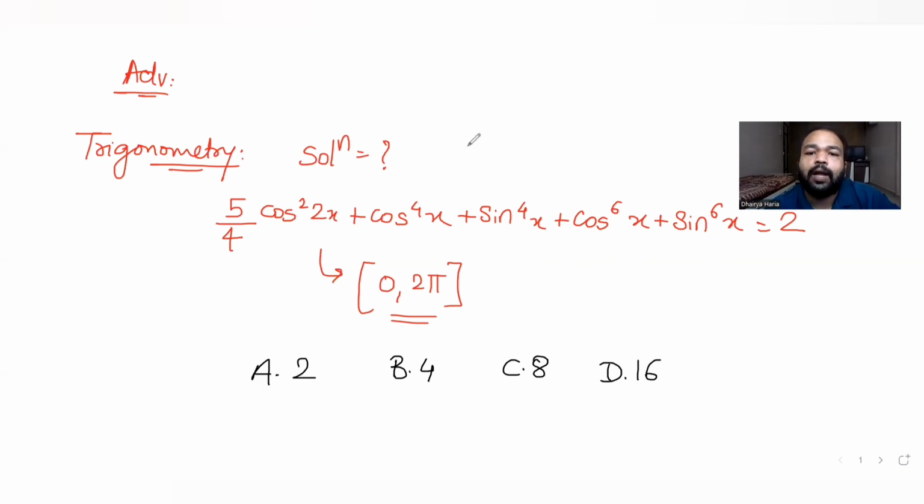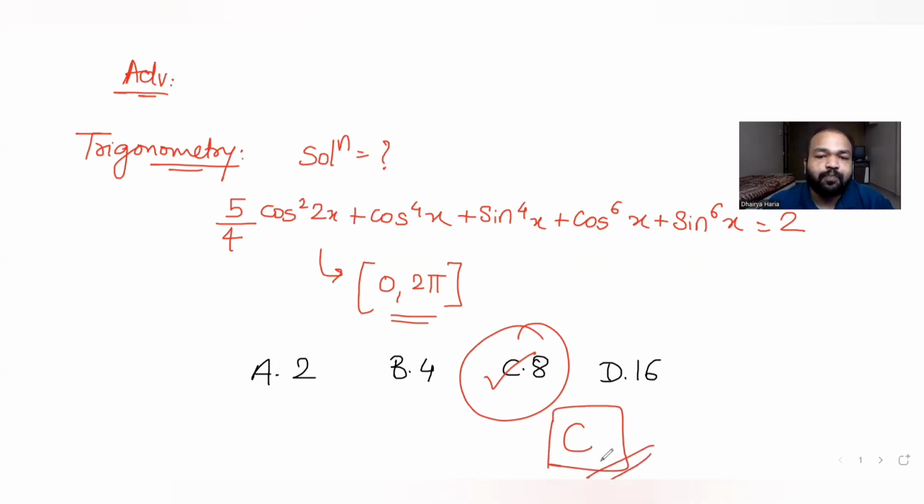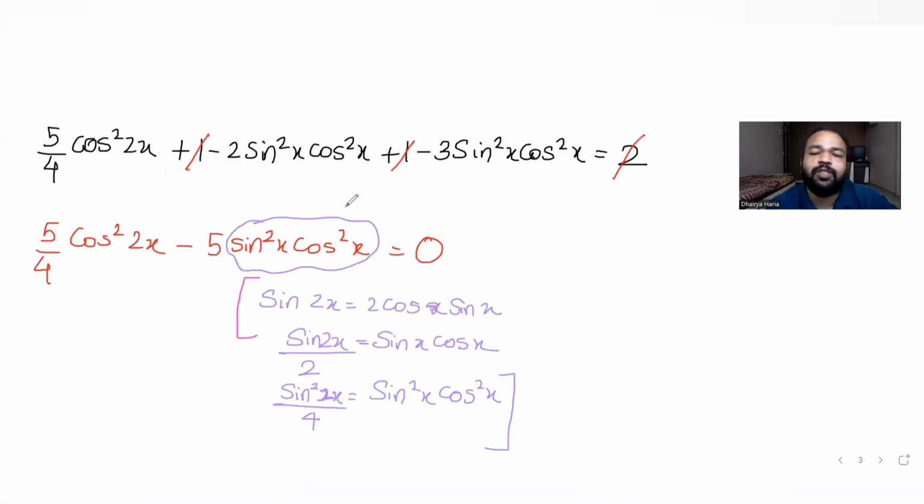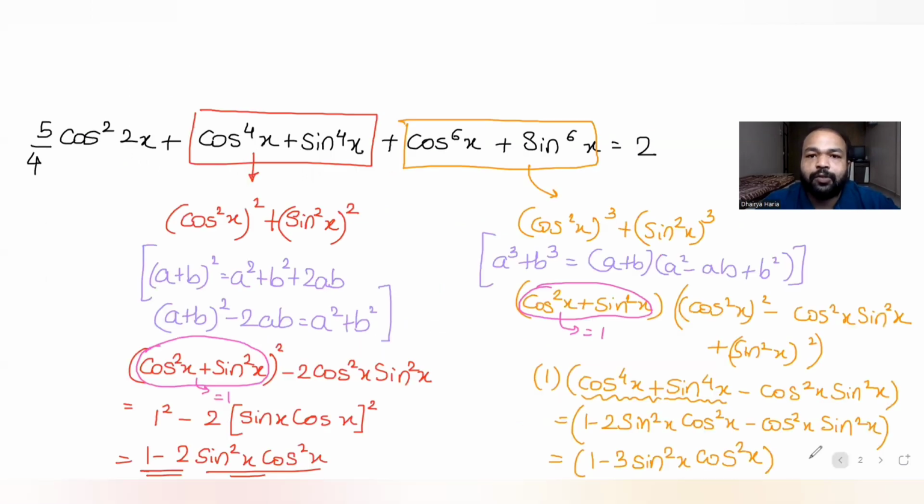I hope you have understood how to solve such lengthy trigonometric equations. Just take some parts and solve them, simplify them, and then put them in the equation. That makes it easier to solve and get the values.